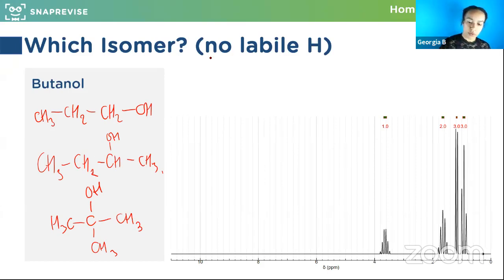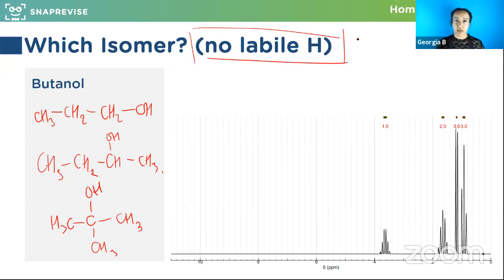The reason I put "no labile H" on the top is because the hydrogens on the hydroxyl group, on the OH group, don't always show up in an NMR spectrum. And if they do, they can be very small and anywhere.